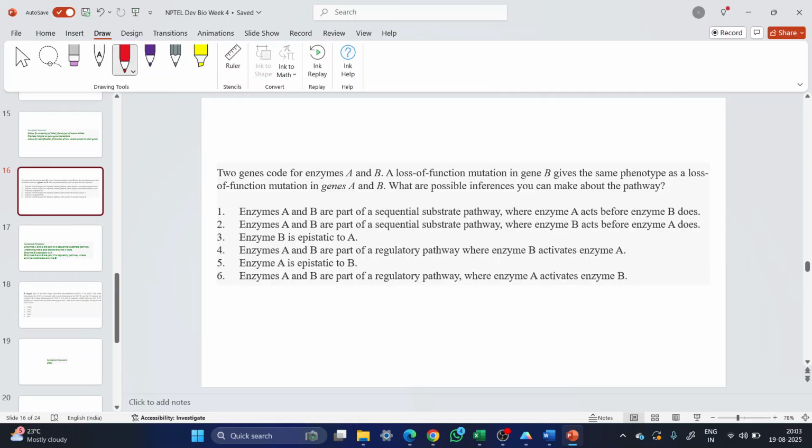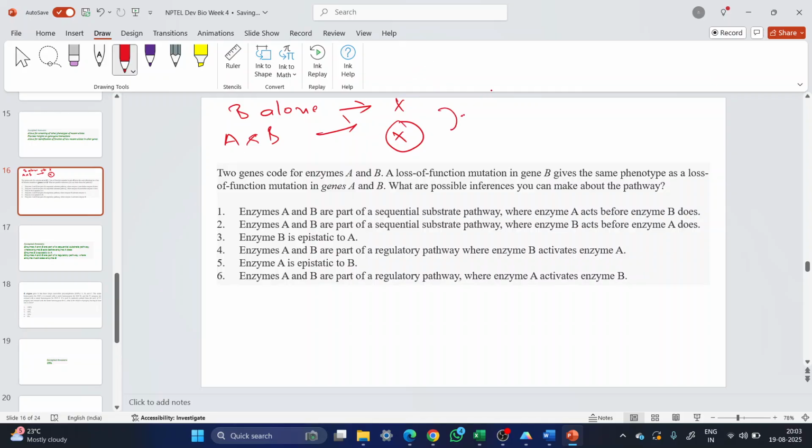Suppose loss of function in gene B alone gives a phenotype X. When there is a loss of function in both A and B, then also it gives the same phenotype X. What does it mean? This means that mutation in B masks the effect of mutation in A.